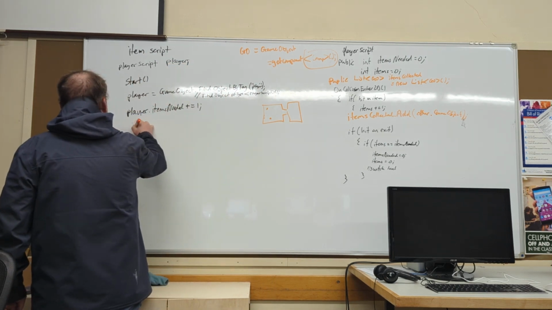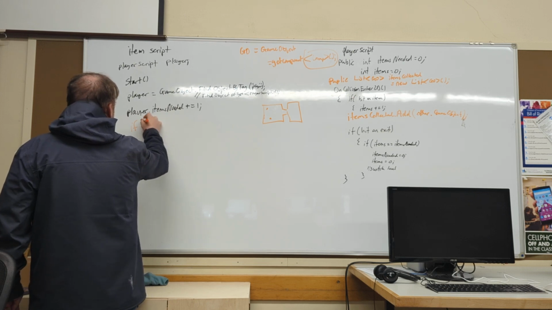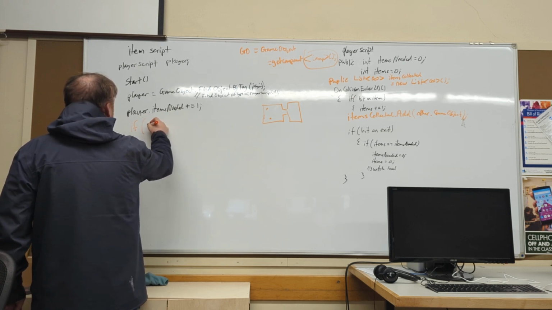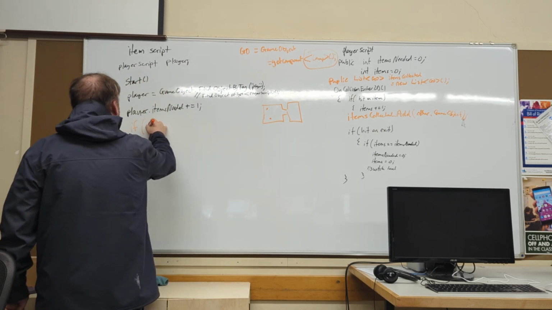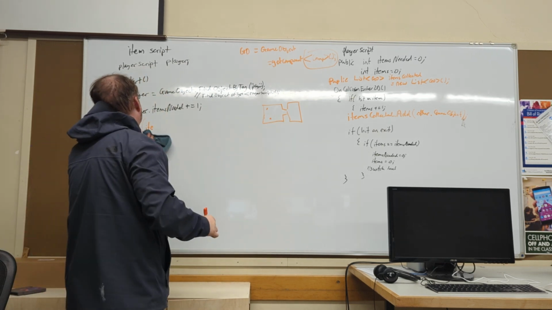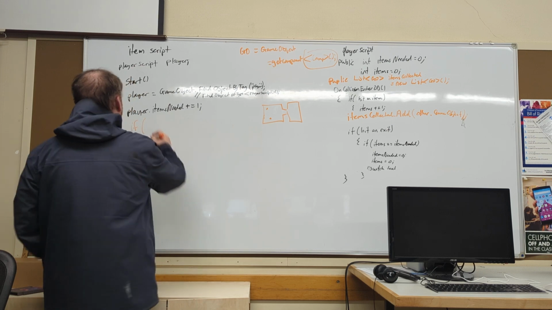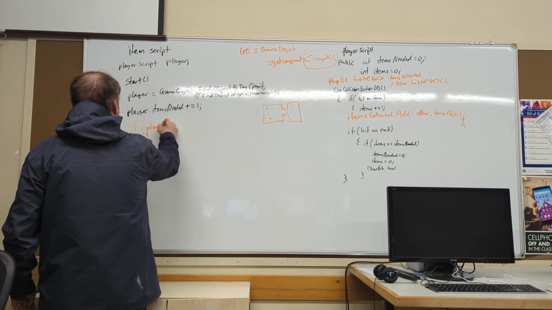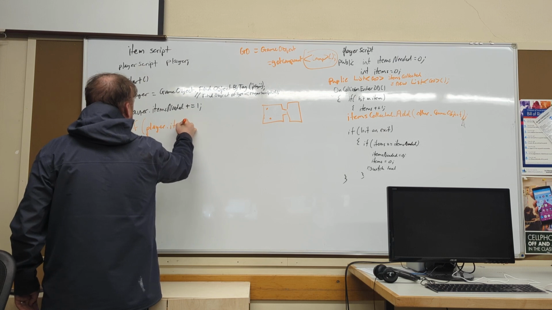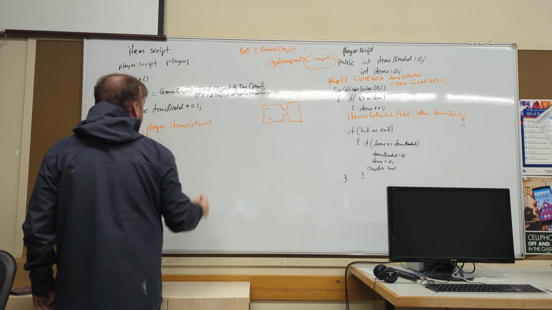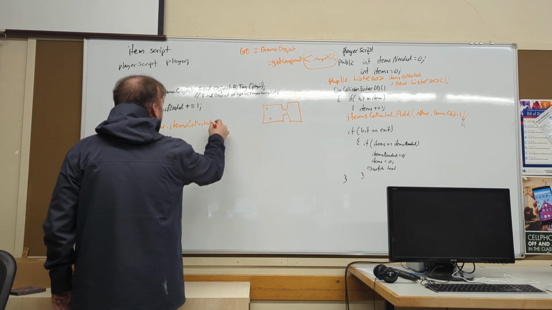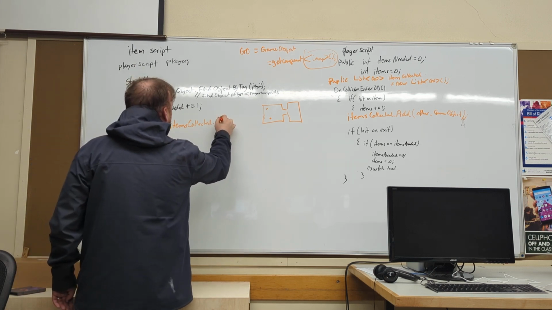So, if, to the list, we're just going to do if player.items collected dot contains.